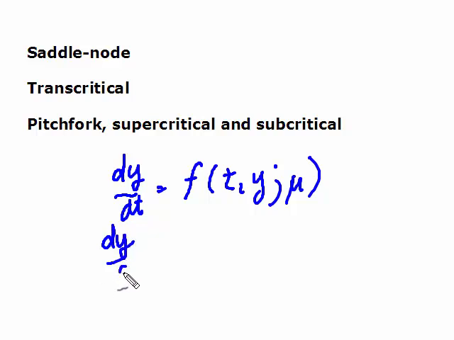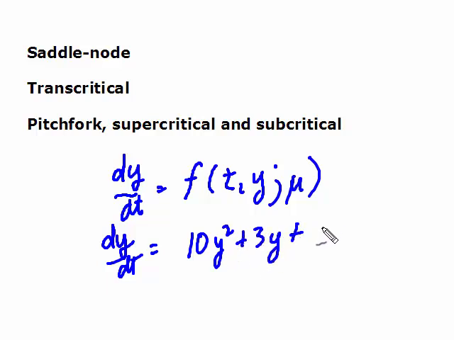For example, you might have dy by dt equals 10y squared plus 3y plus some parameter mu, and this is a constant, and we look at how that constant changes. And we look at two results of the changes in the parameter on the differential equation. We look at the number and the location of the equilibrium values and also their stability.